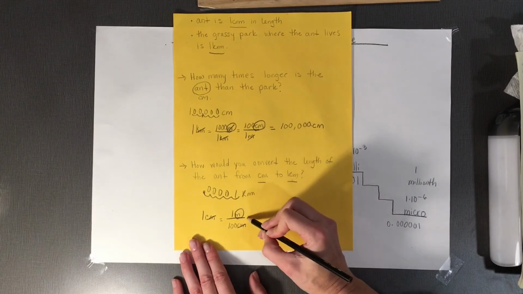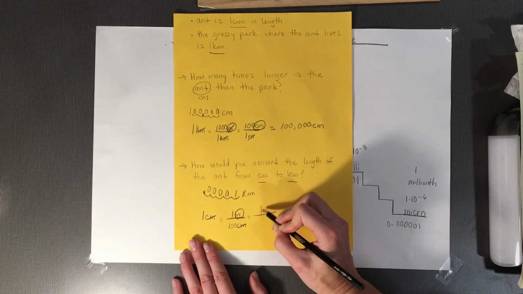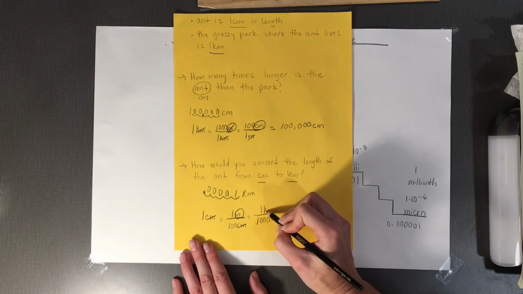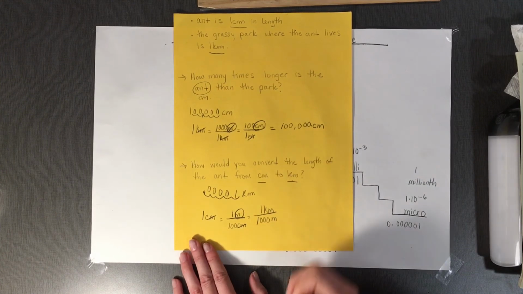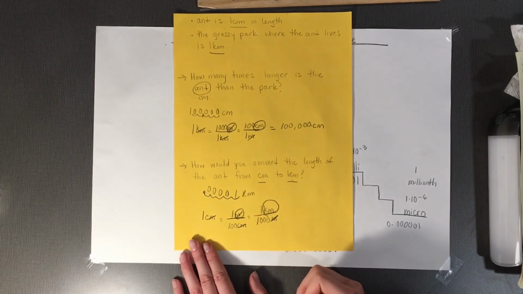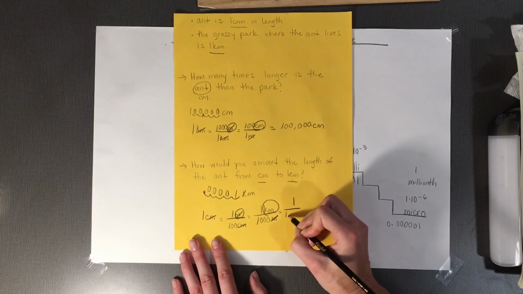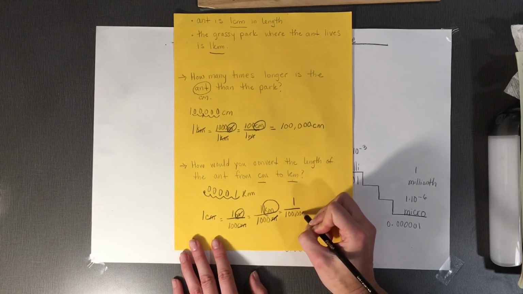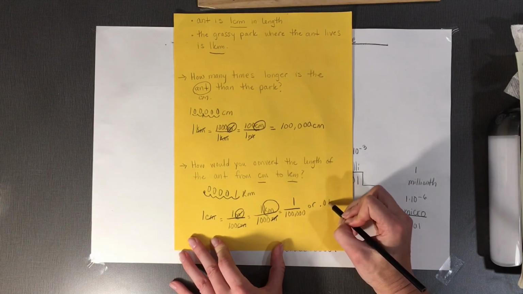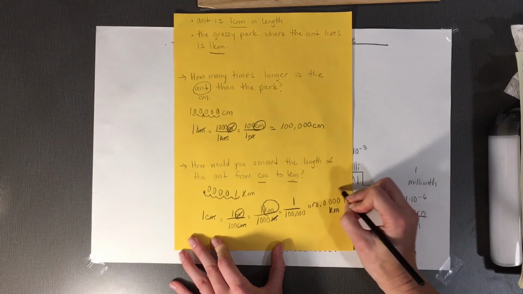Now that you're at your base, 1,000 meters equals 1 kilometer. Cross out meters. Now the unit you're left with is kilometers. Multiply this, equals 1 over 100,000 or 0.00001 kilometers.